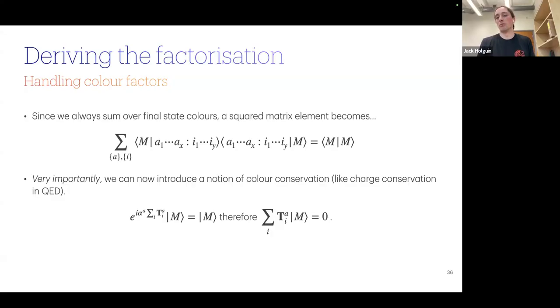And this is now much like the charge conservation in QED, because a gauge invariant matrix element is necessarily a color singlet, so it's overall color neutral. And so the sum over all color charges acting on it gives you 0 because it's color neutral. So this is a very powerful little relation.